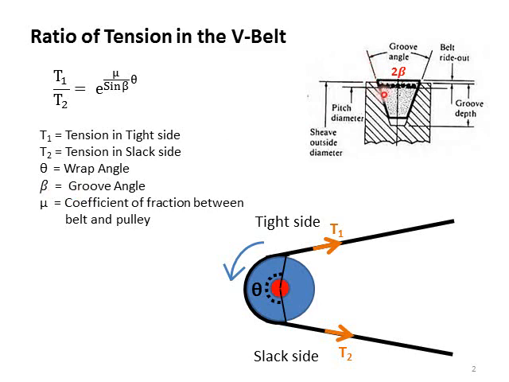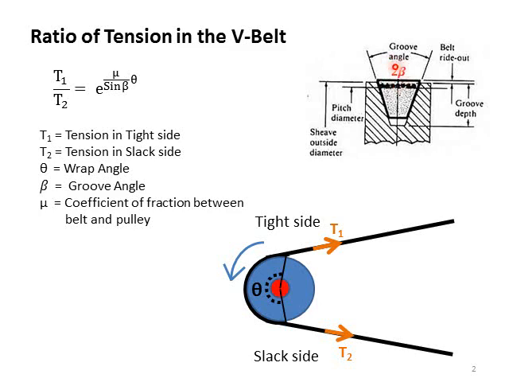So the full groove angle, as you can see here, has a total dimension of 2 beta, whereas half of the groove angle, just like this, will have an angle equal to beta. So half beta sum up into 2 beta.